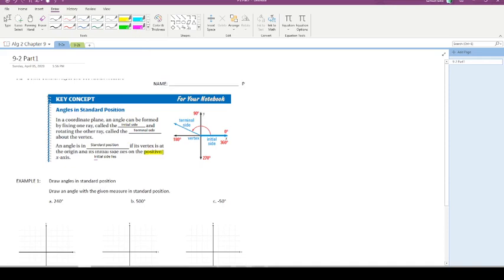I'm going to highlight that for you. You may want to do that. We're talking about the x-axis, and that's where it starts from, right there.